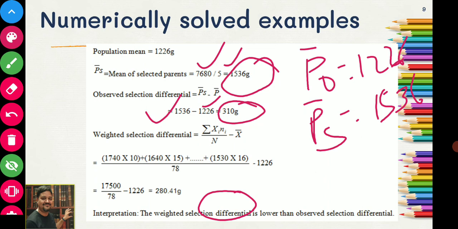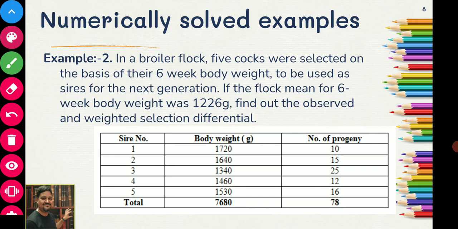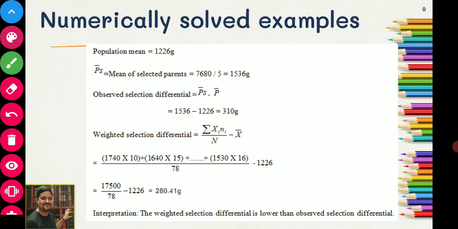Now you can see the previous table; I will show you again. Just see, 1720 into total number of progeny 10, then 1640 into total number of progeny 15, like that you have to calculate. Just see how I have calculated here: 1740 into 10, 1640 into 15, and likewise 1530 into 16, divided by the total number of progeny, which was 78, minus the population mean.